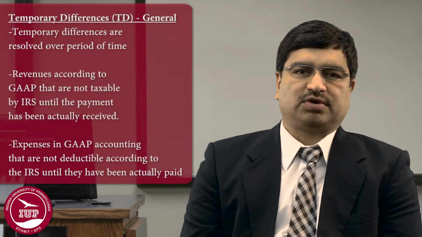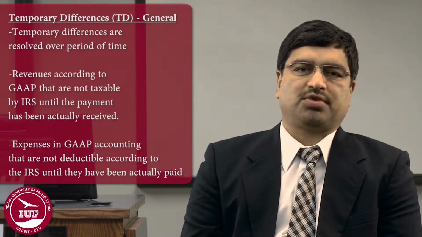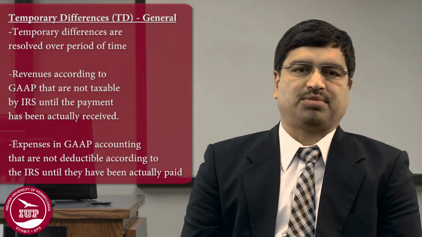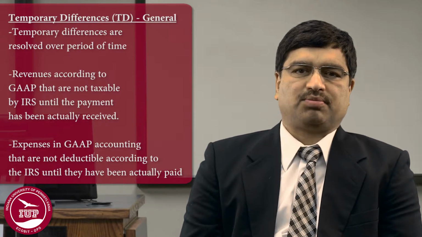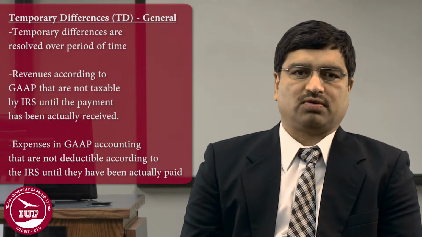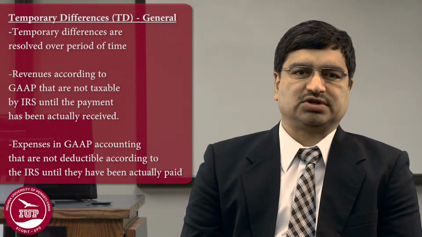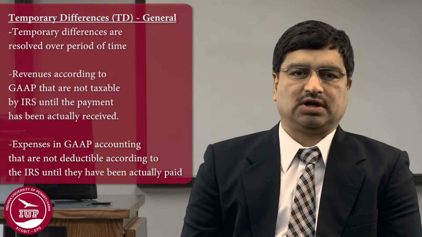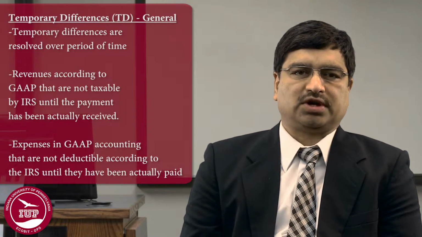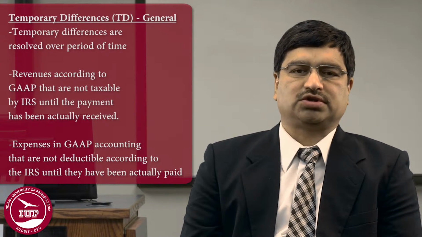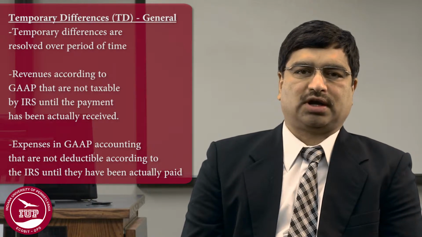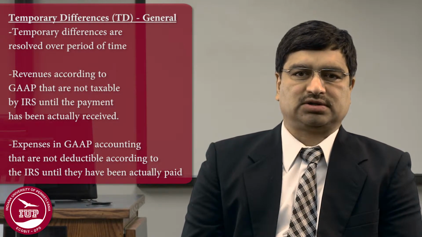The difference between these two incomes could be a temporary difference or it could be a permanent difference. Temporary differences can be resolved over a period of time. Just as time passes, the temporary differences will basically wash over. For example, there might be revenues which according to GAAP are recognized but not taxable by the IRS until the payments have been received.